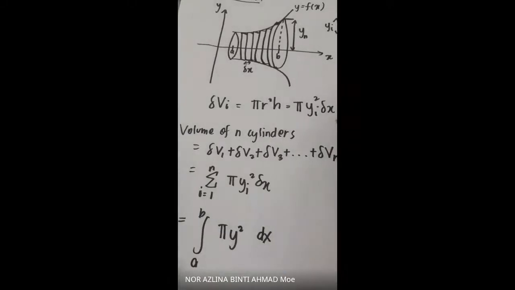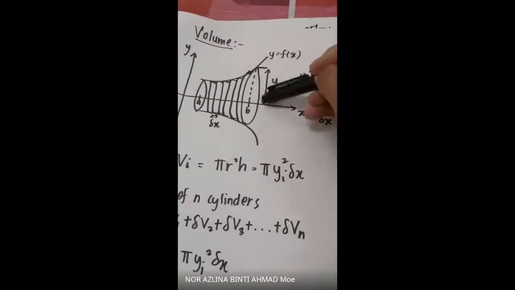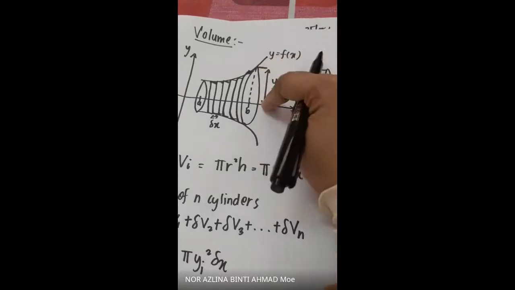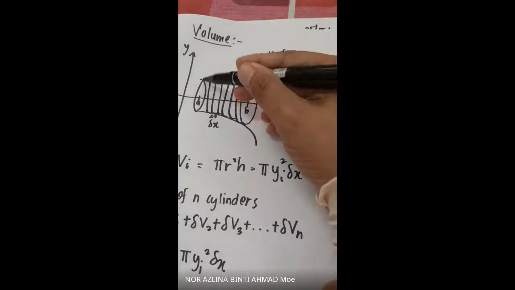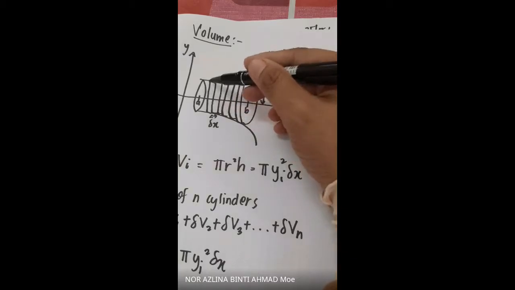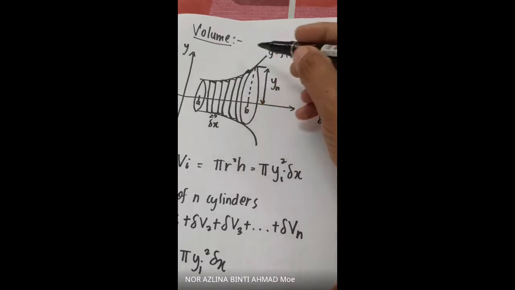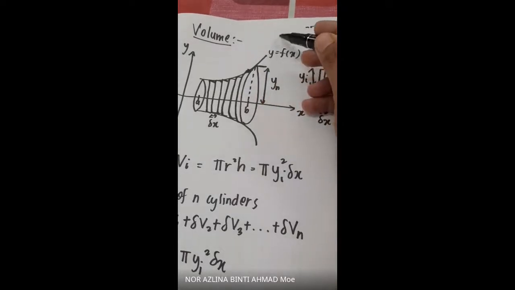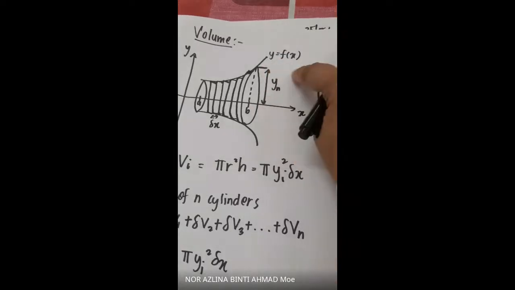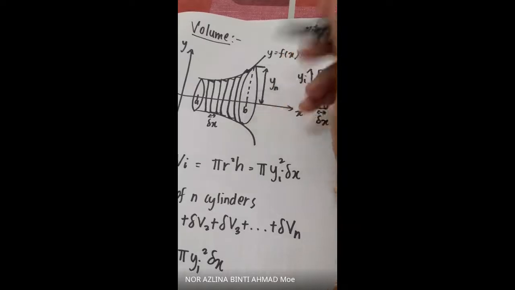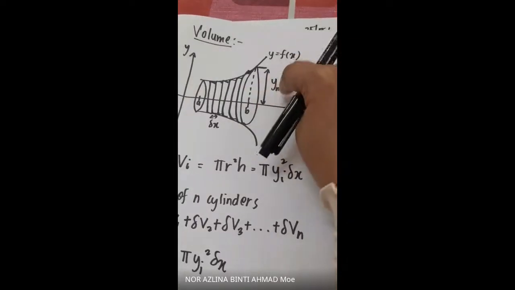Yn is radius. Yn yang paling tinggi. Y1 ini first cylinder, Y1, Y2, Y3, Y4 until Yn, sebab ini akan sambung lagi. So kita tak tahu sampai berapa dia berhenti, tapi yang ini kita tahulah sampai B, sebab untuk gambar rajah ni sampai B. Tapi tak tahu N ni sampai berapa nilai N tu.